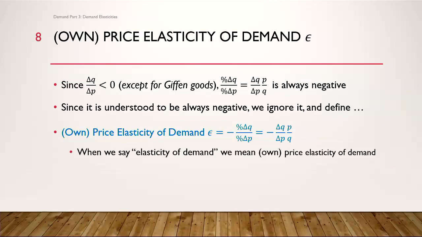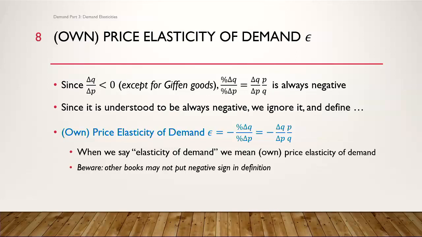A couple of notes about that. As I pointed out, this is the most popular elasticity that we use in economics. So when we say elasticity of demand, we mean this own price elasticity of demand. It's the one we use the most. And secondly, I dropped the minus sign here. That's a popular way to do it, but not every economist does this.